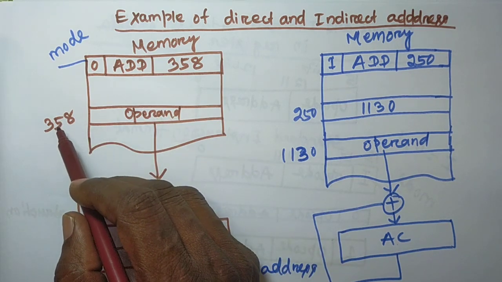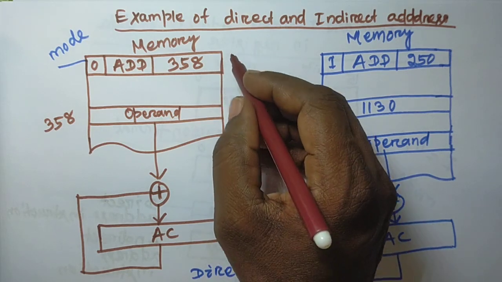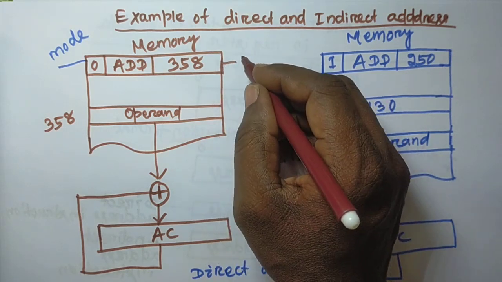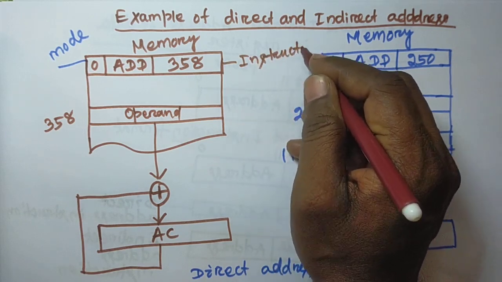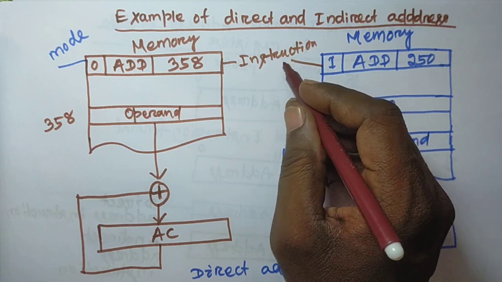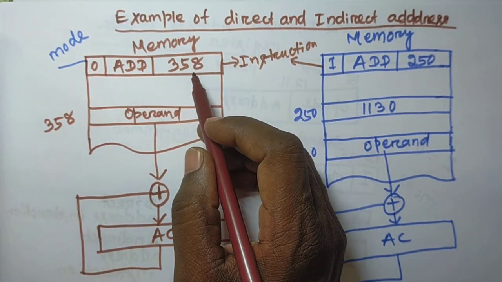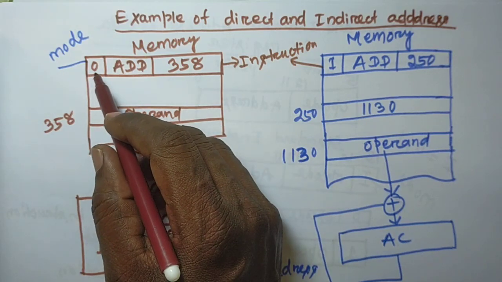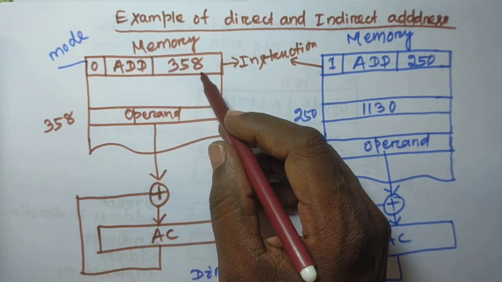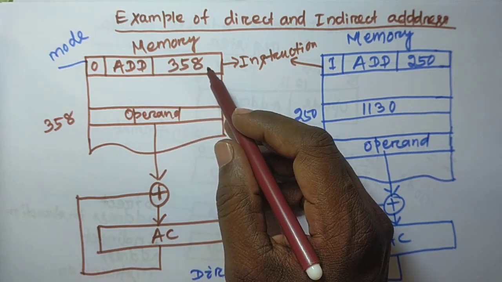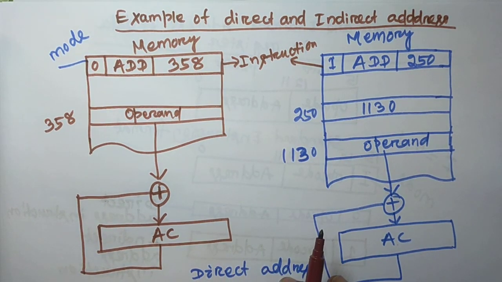This is actually the instruction, and the instruction contains three parts. One is the mode part, here it is 0. Another is the ADD part, that is the opcode part. Another is the address part, which is 358, and the operand is at 358, so there is no problem.